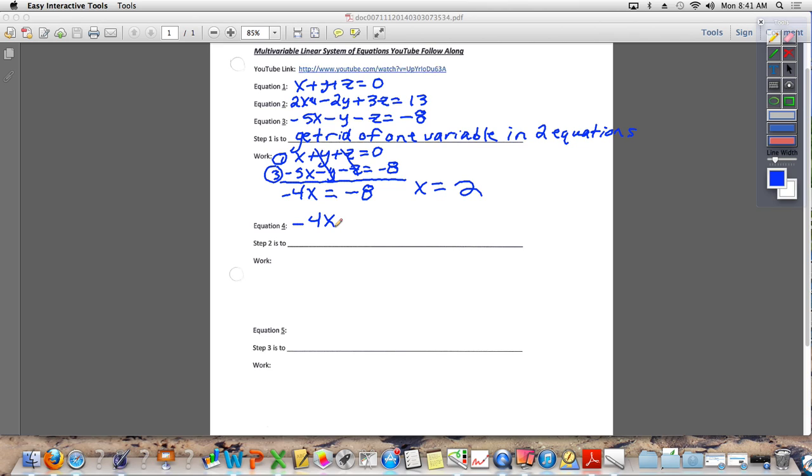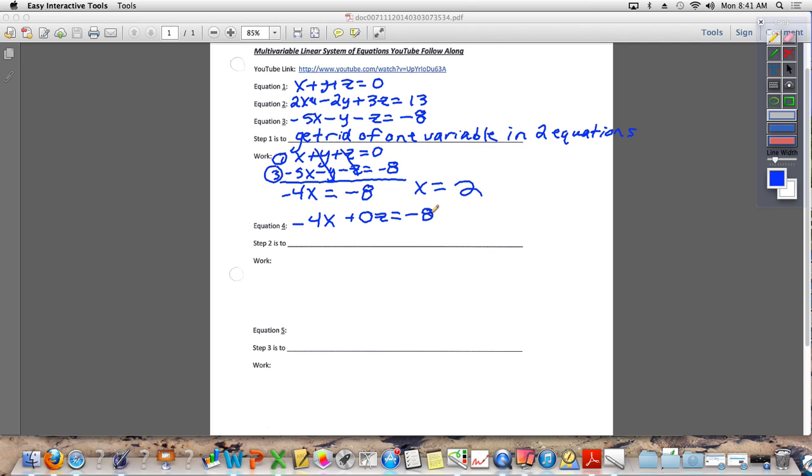Negative 4x plus 0 z's is equal to a negative 8. And the reason is I want there to still be 2 variables left over so that we can use those 2 variables to come up with 1 variable. And you'll see where I'm going with this in just a second.